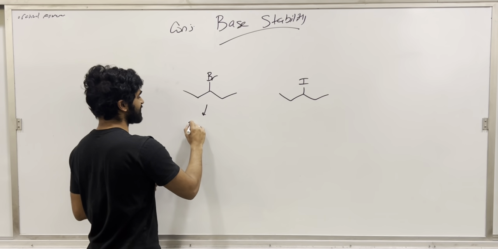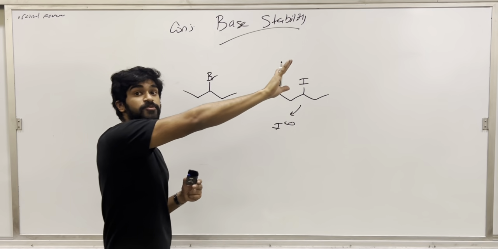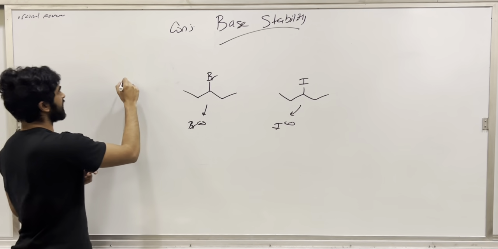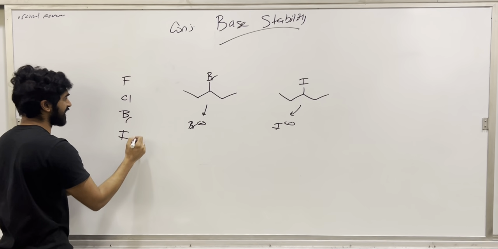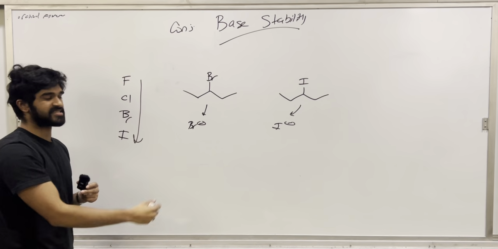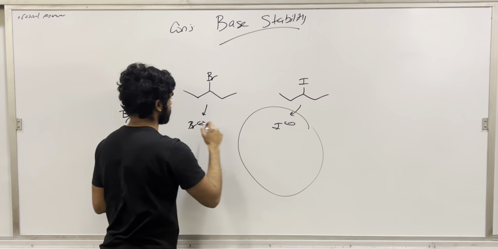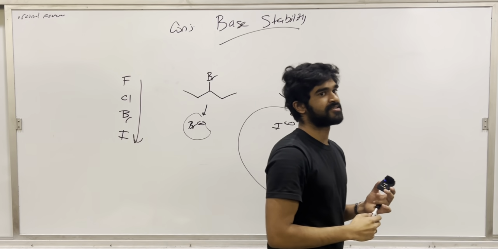Because when this leaves, it's going to make Br minus, and when this leaves, it's going to make I minus, and even without the pKa table, F, Cl, Br, I, going down the row, the size increases, and if iodine is larger than Br, it's more stable, and that's going to leave faster.